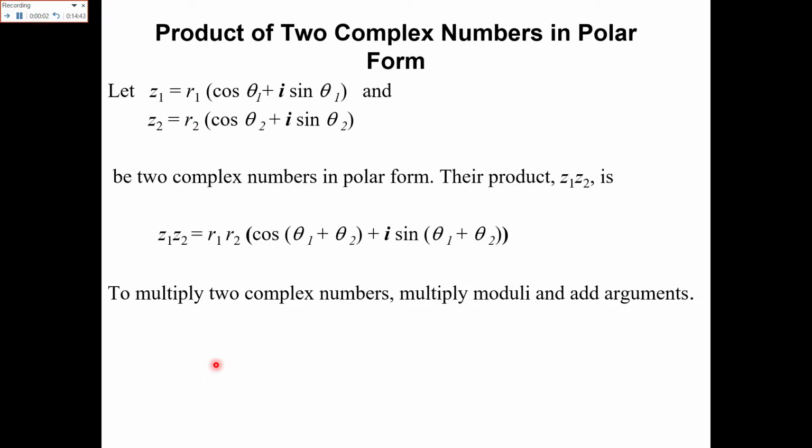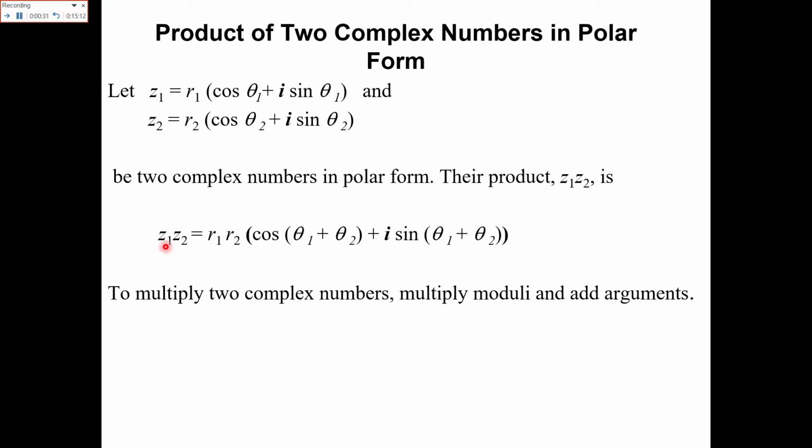Now the product of two complex numbers that are in the polar form. If two numbers are in the polar form, like z1 is equal to r1 cos theta 1 plus iota sin theta 1, and z2 is equal to r2 cos theta 2 plus iota sin theta 2, and you are asked to multiply these two complex numbers in the polar form, what you will do is multiply them.